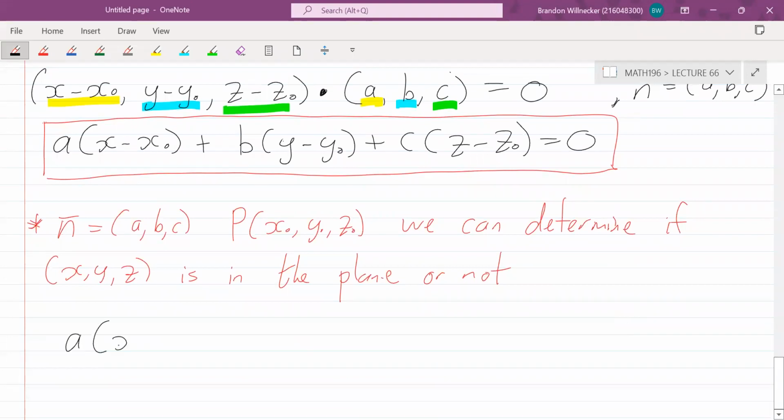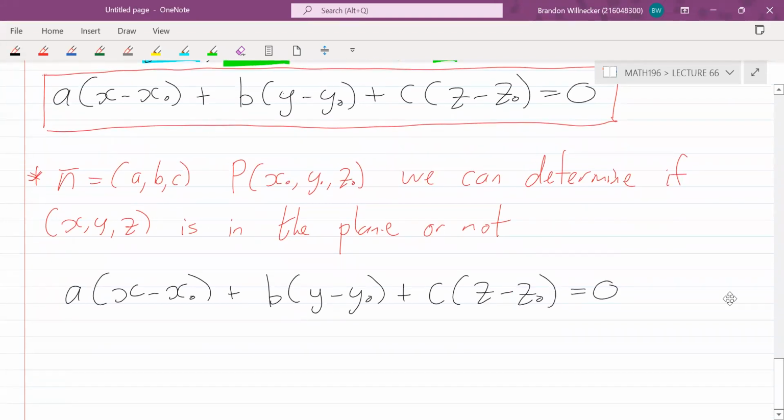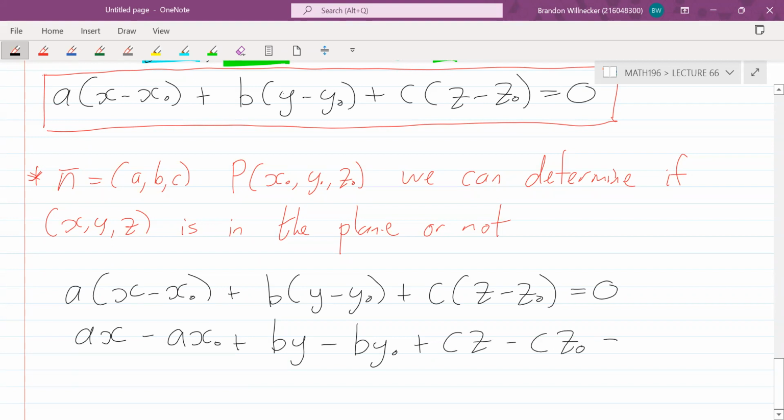So let's write this a times x minus x naught plus b times y minus y naught plus c times z minus z naught is equal to 0. You might not see it like this all the time, but if we expand this out, we get the standard form that you'll see quite often. So we get a times x minus a times x naught plus b times y minus b times y naught plus c times z minus c times z naught is equal to 0.